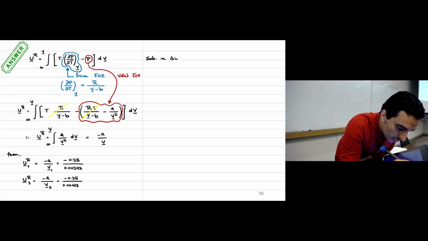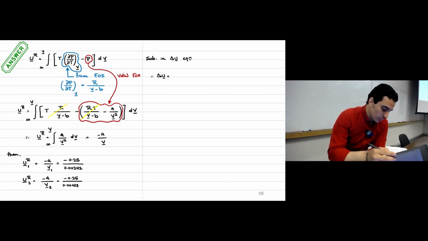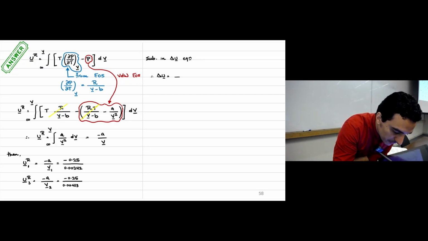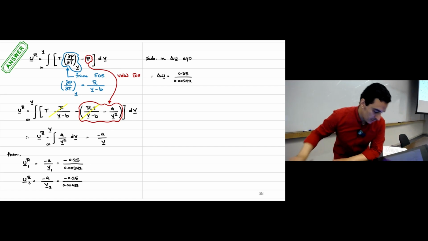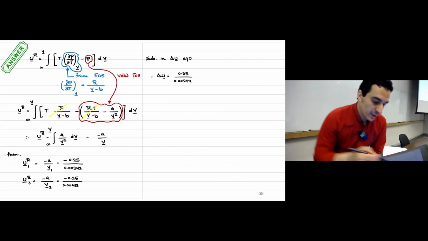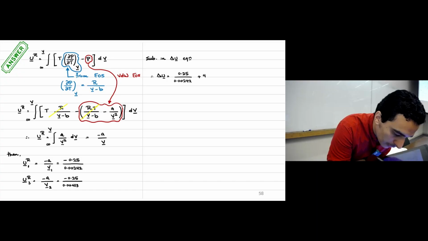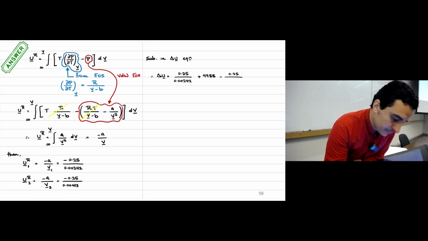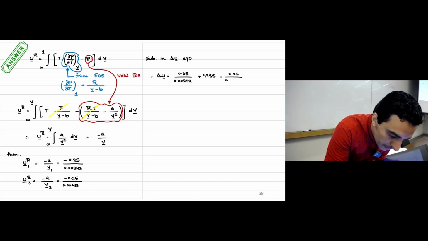Then we can say delta U is minus residual property number 1. So this one will be 0.25 over 0.00242, since minus minus will be plus, so the minus cancelled, plus 4988, minus 0.25 over 0.00413.